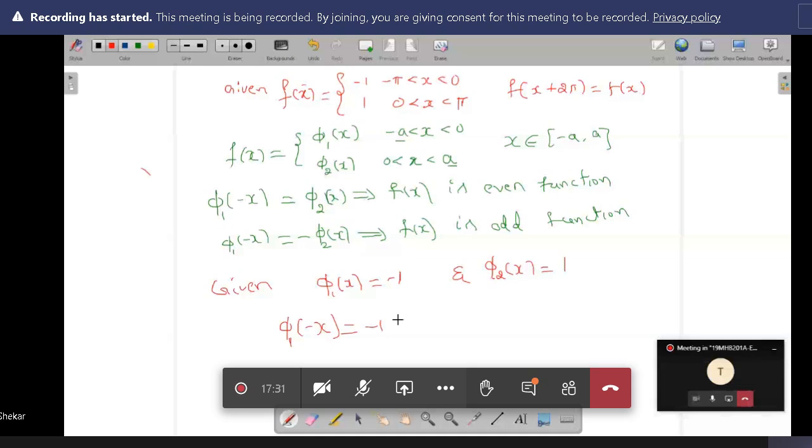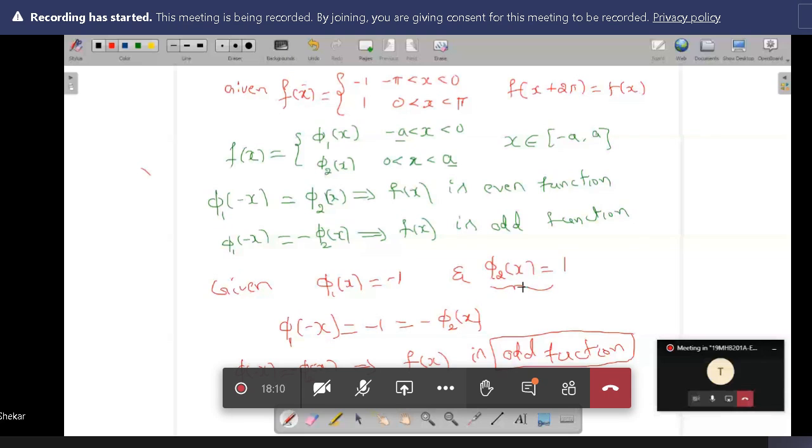So this can be written as minus into 1, and in place of 1 we can write phi2 of x. So what do we get? Phi1 of minus x equals negative phi2 of x. So the conclusion is the given function f of x is an odd function. We are getting a negative sign with phi2, so this function is odd. Is it clear? So the given function is odd.